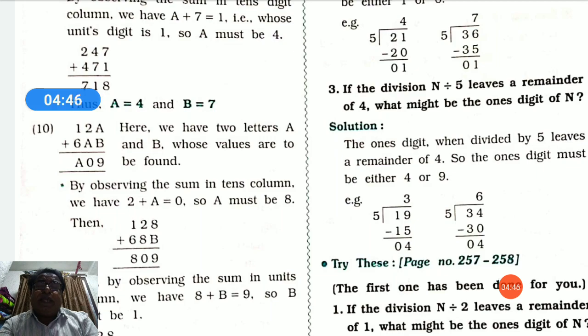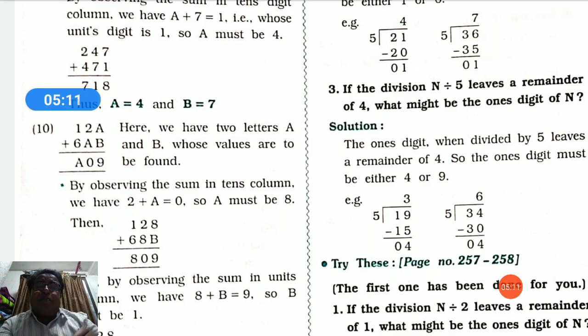So A must be 8. 2 plus 8 is equal to 10. So our example becomes 128 plus 68B is equal to 809.